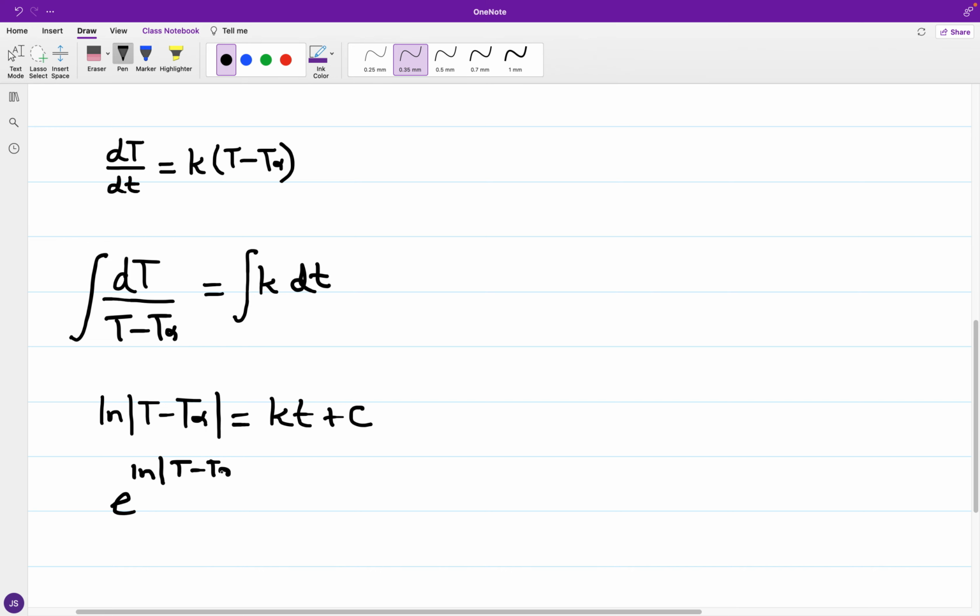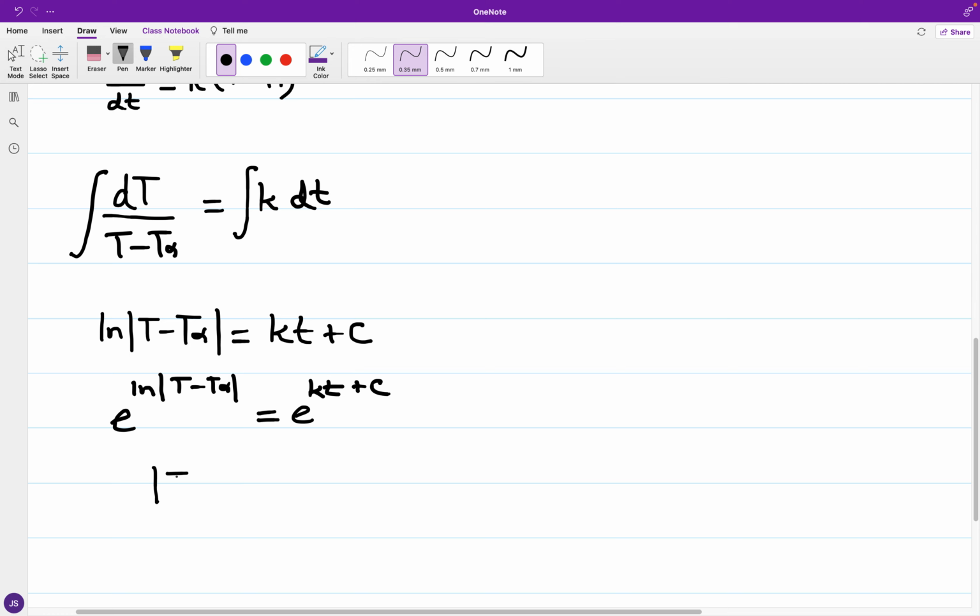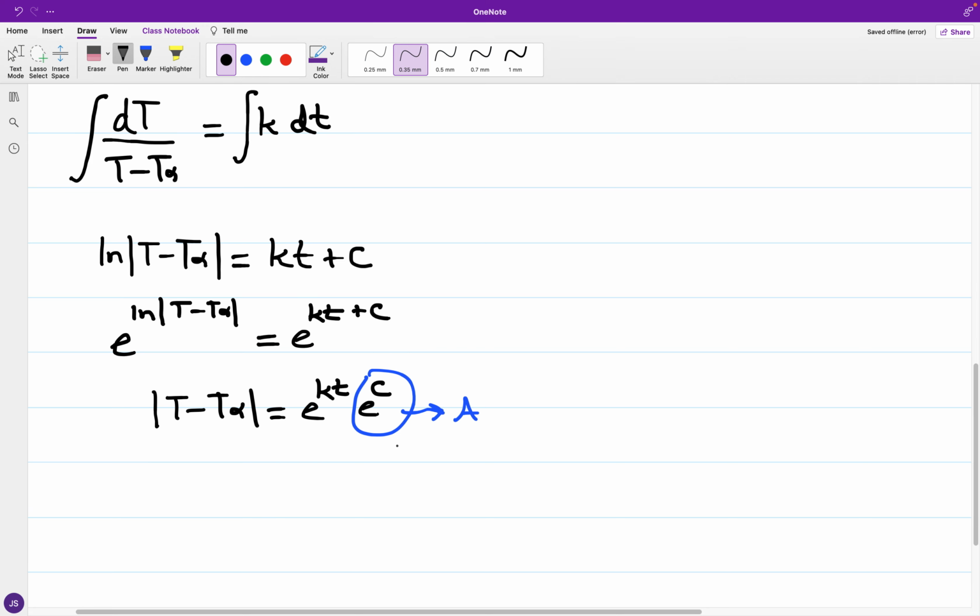Treating both sides of the equation as powers to which the natural logarithmic base e is going to be raised, on the left-hand side I'm going to end up with the absolute value of T minus T sub alpha, and to the right you have e to the kt plus C, and that can be written as e to the kt times e to the C. After a while, these items will become implicit enough that you can bypass the intermediate reversal of the product property step and just write the resulting constant as A, or whatever variable you choose.